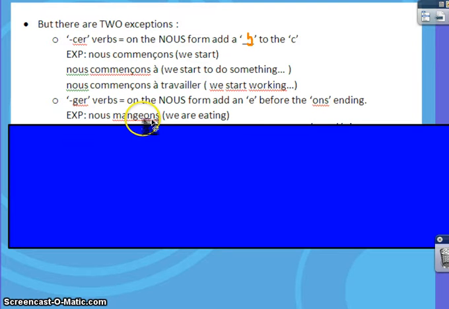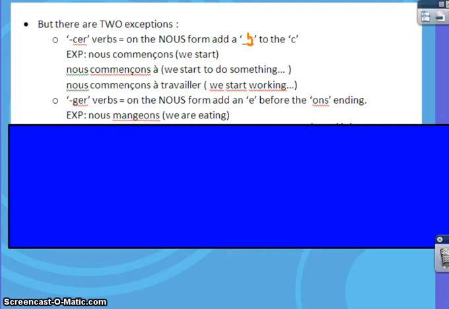They actually leave the E in there, and that makes it nous mangeons. I know as an English speaker you can say, well, I would pronounce that the same whether there's an E in there or not. But for a French speaker, you have to actually have that E in there to change the pronunciation of the G. So again, really the only exceptions are with CER and GER verbs in the nous form.